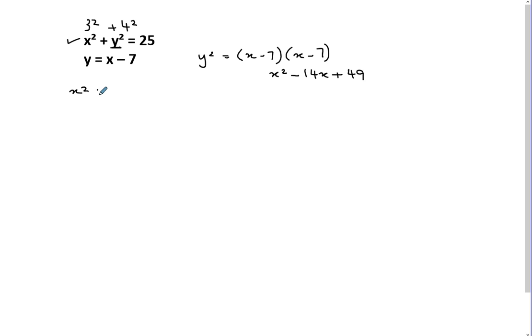So I've got x squared plus that expression there, 49 equals 25. Now I'm going to collect my like terms and also minus my 25, because with quadratic equations we make one side 0. So you've got 2x squared minus 14x, and then 49 minus 25 is plus 24.